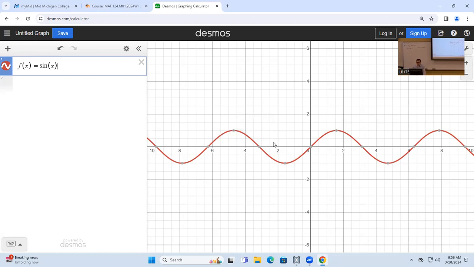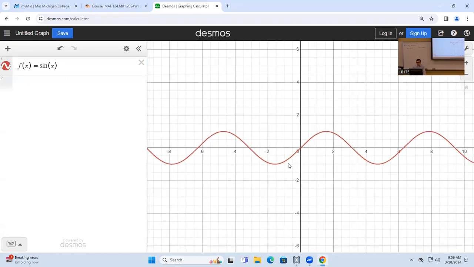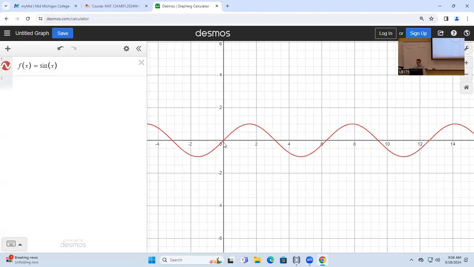Notice we have this pattern. We have a wave. At the very top points on this wave, it goes up to 1. At the very bottom points, it goes down to -1.